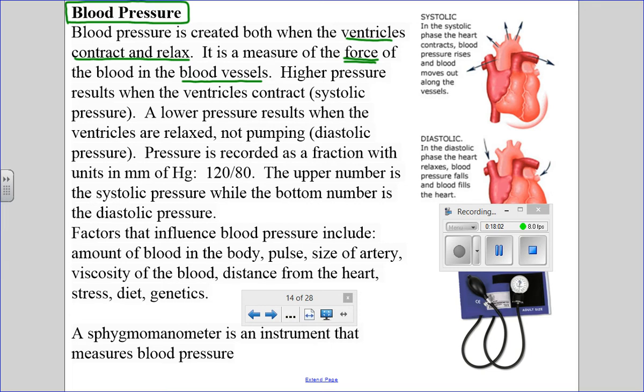You will have higher pressure when your ventricles contract, and this is called systolic pressure. You will have lower pressure when your ventricles relax, so when they're not actually pumping, and this is called diastolic pressure.